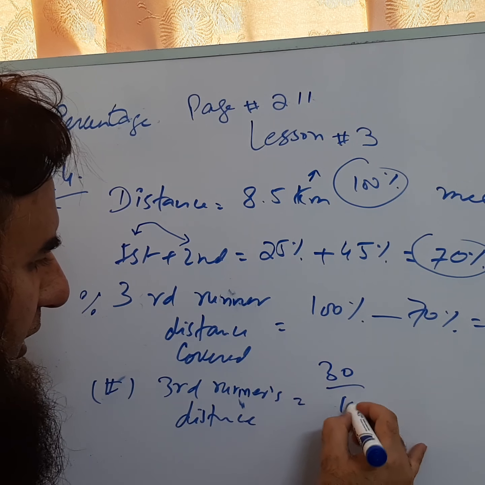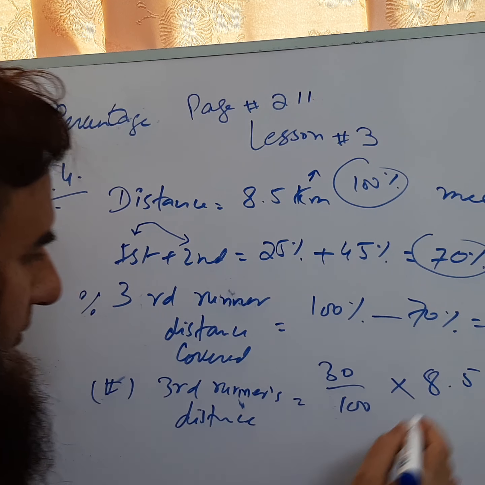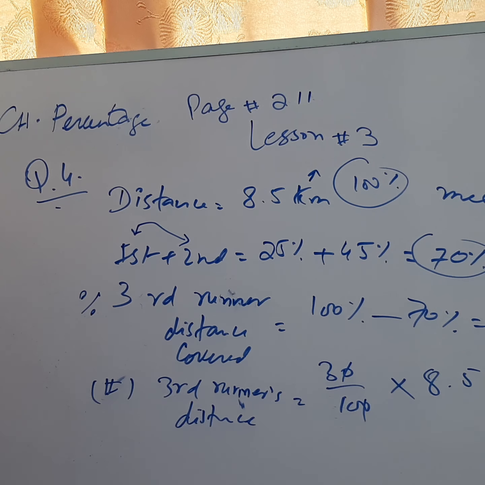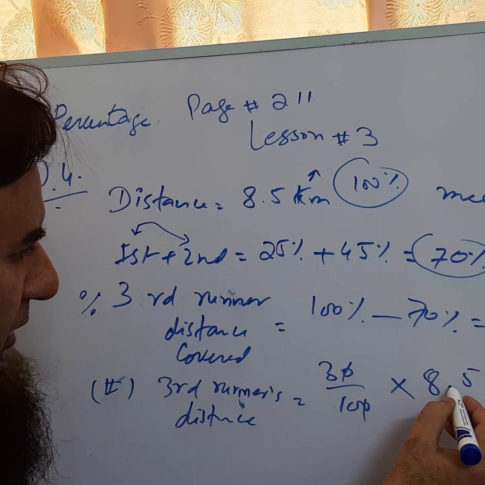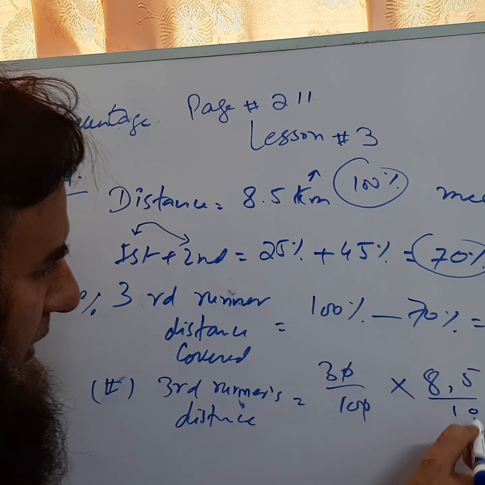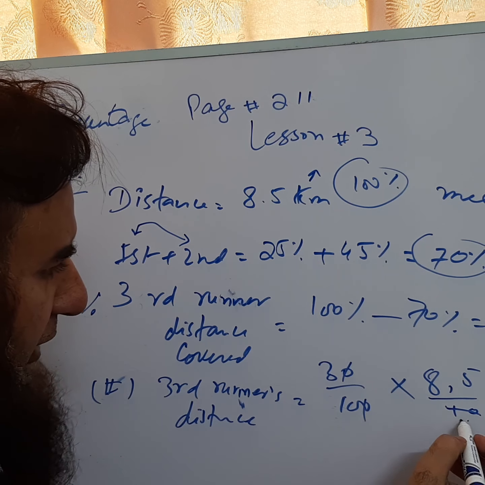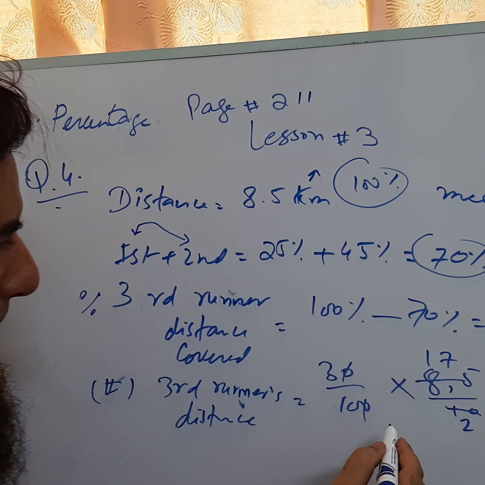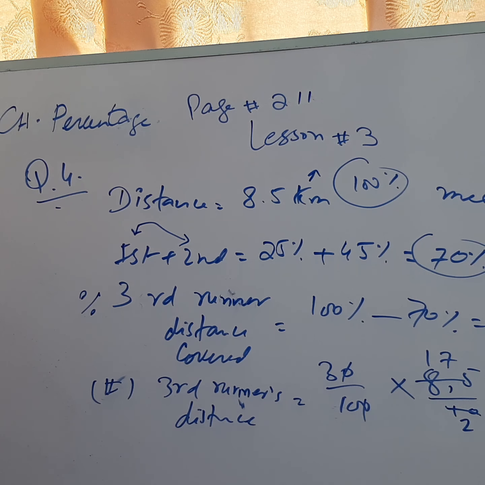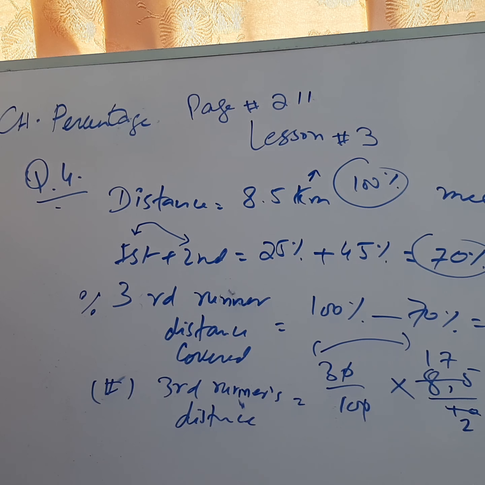Okay, 30% means 30 over 100. 30% of total is how much? 8.5. 0 will go with this. Okay, we can remove this point by putting a division sign, put 1, put 0. Then we can divide, 5 2s are 10, 5 17s are 85. Then we just multiply, 17 3s are 51, 10 2s are 20. 51 divided by 20.